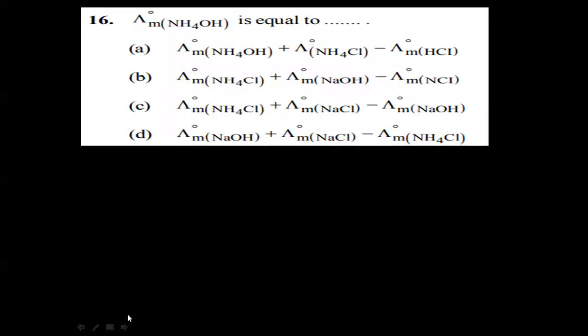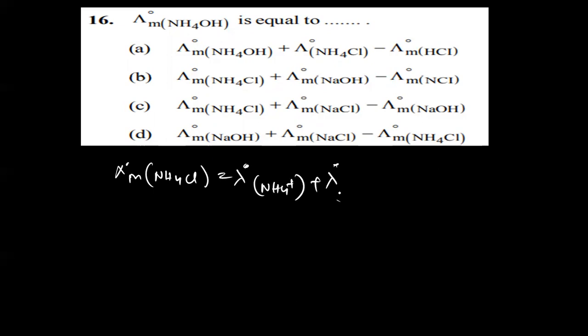16. So molar conductivity of NH4OH is equal to. So here we'll write the reactions like lambda m of NH4Cl is equal to lambda naught of NH4 plus plus lambda naught of Cl minus.